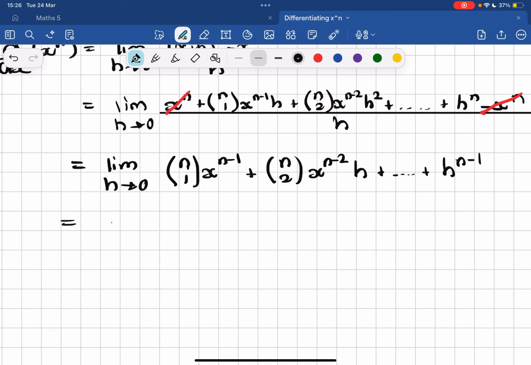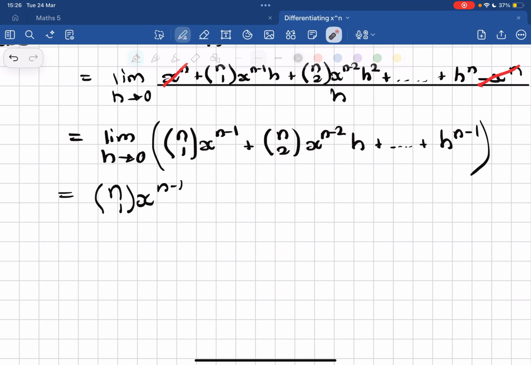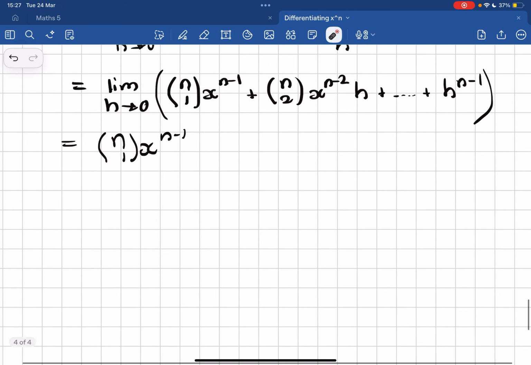So we're left with n choose 1 x^(n-1). The first term remains untouched because it doesn't contain an h. The second term disappears because of this h. And then every other term after that will have an h, so they will all disappear.